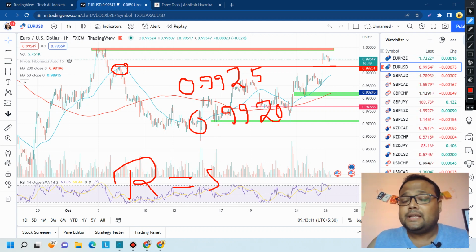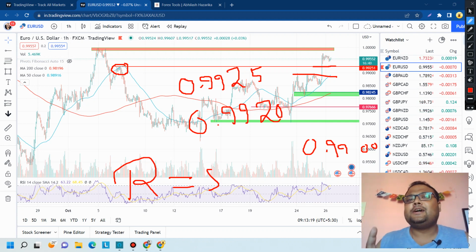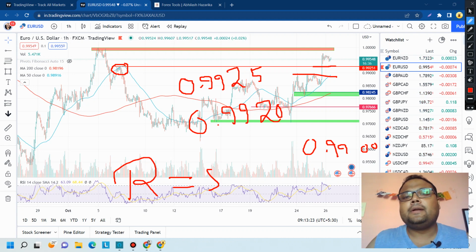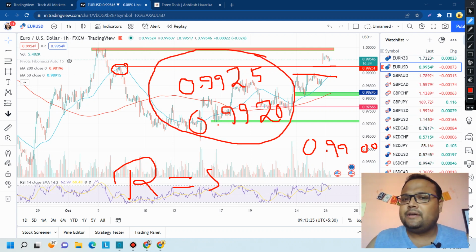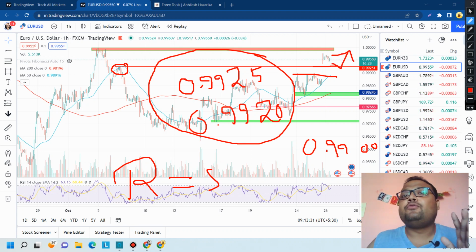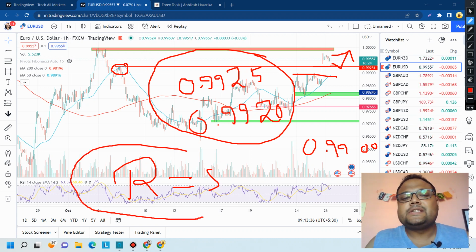The next support is around 0.9900, which is quite far away. So if you see that EUR/USD is coming down, observe the market around the 0.9925, 0.9920 level. If you see the market trying to take support and bouncing, you can go for a buy position, because you can expect that the previous resistance is right now acting as support.